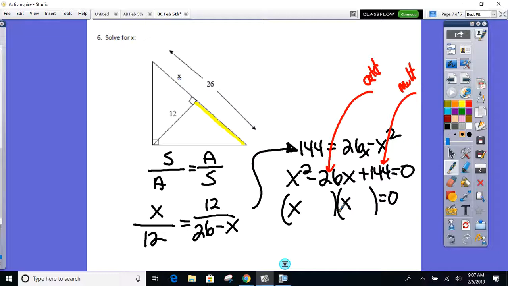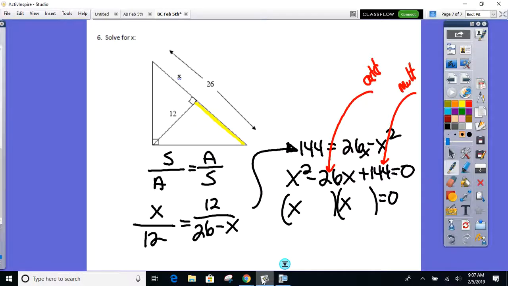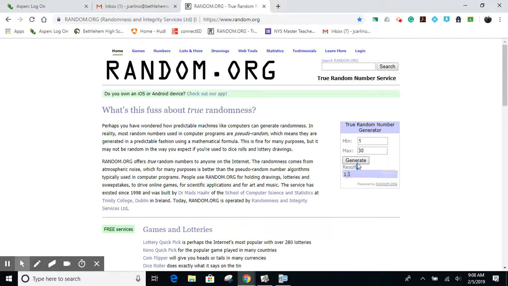How about those numbers? When you're ready, let me know those numbers. Negative 18 and negative 8. Keep going. Two values of x we get out.